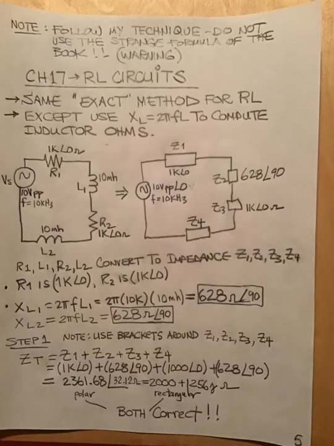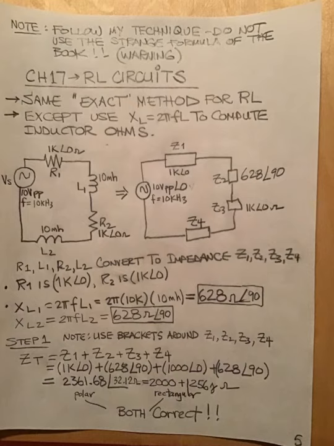You'll notice that in this circuit here, I'm not going to sit here and walk you through it like I did the other problem. I'm just going to suggest that this circuit uses the same method that was used for RC circuits on the first couple of pages to compute the voltages, the currents, and the impedances.